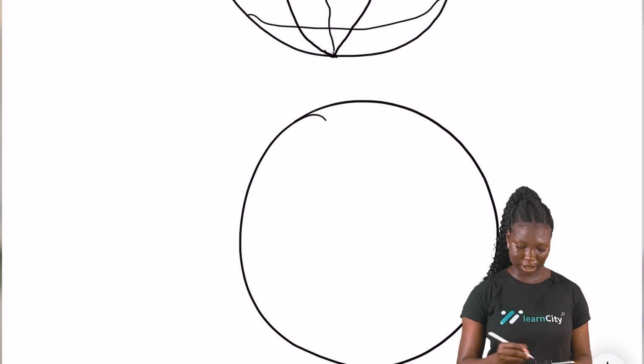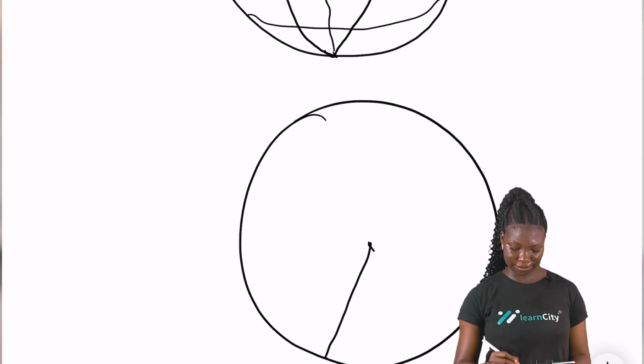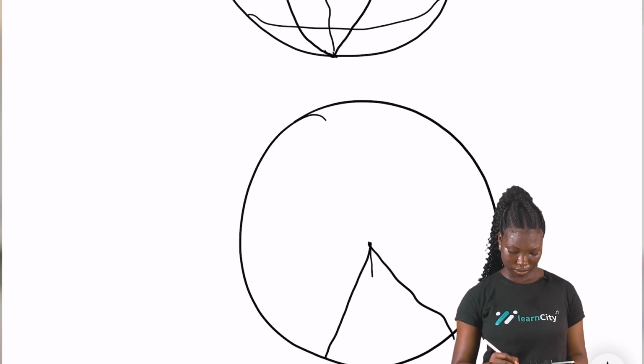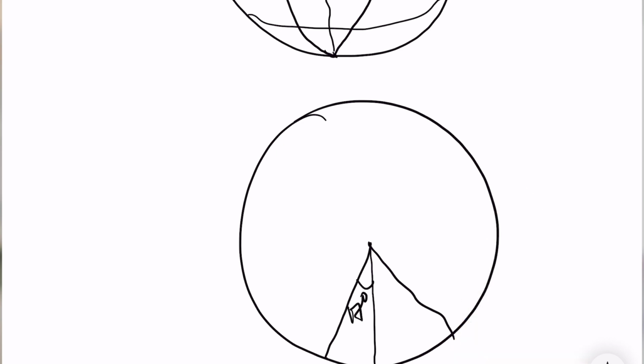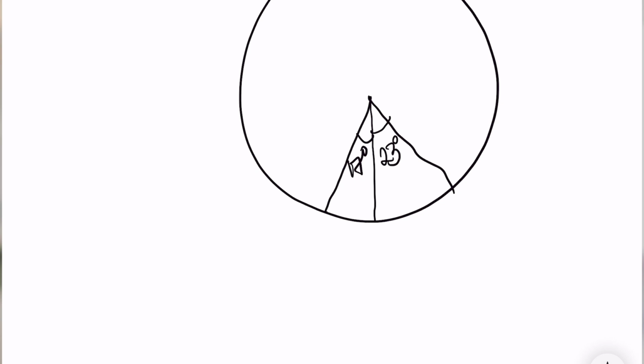So bringing it out, we have something like this, where here is 17 degrees and here is 23 degrees. We already have it like that, and we know that our radius will be at 56 degrees.